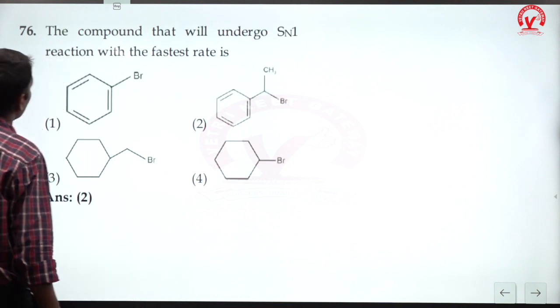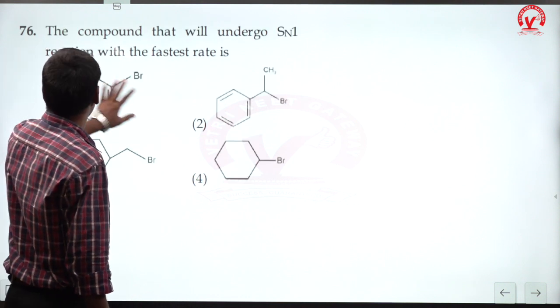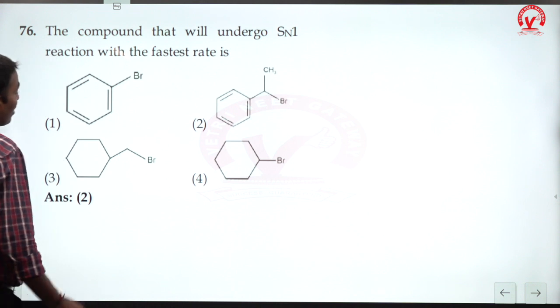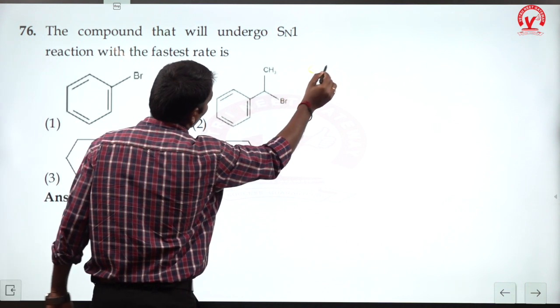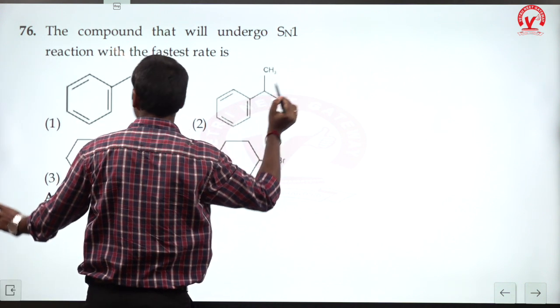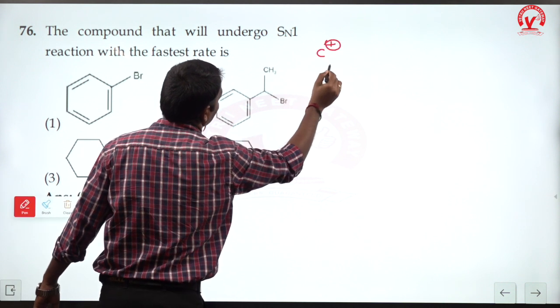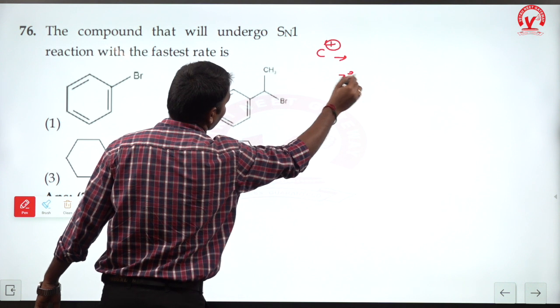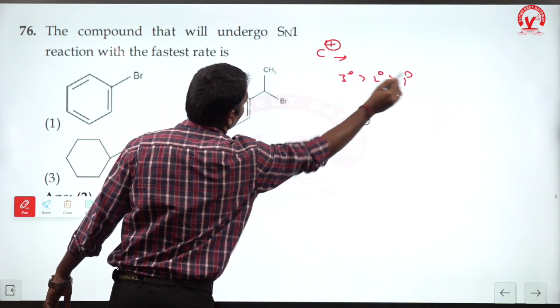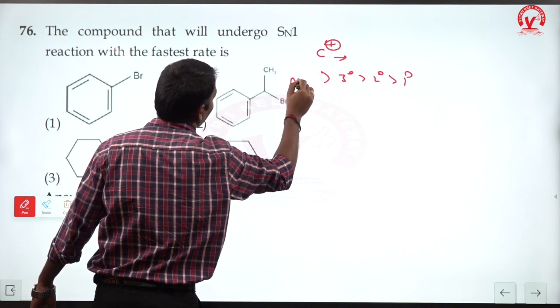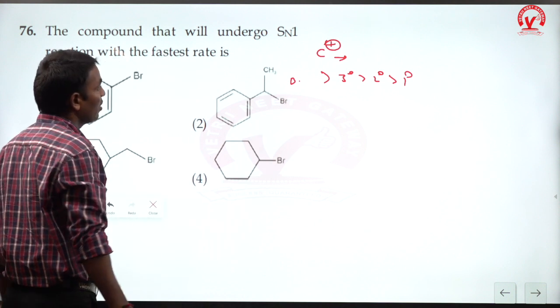Question number 76. The compound that will undergo SN1 reaction with the fastest rate. SN1 reaction is actually a carbocation mechanism, so it depends on the stable carbocation. We have tertiary, then secondary, then primary. Before that we have benzyl and allyl, and so on, right?